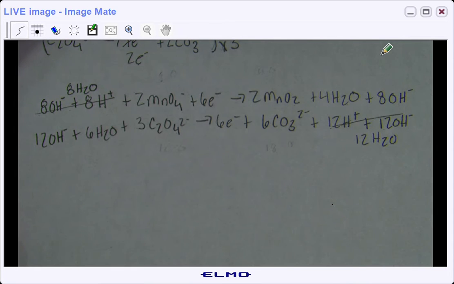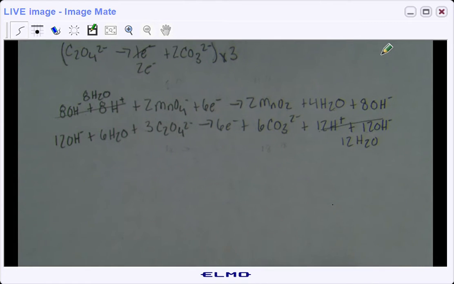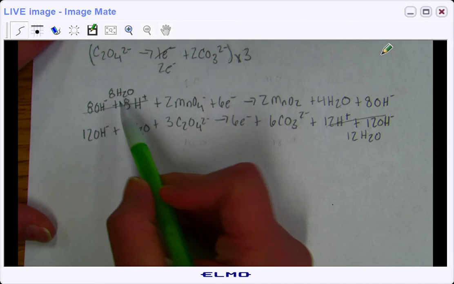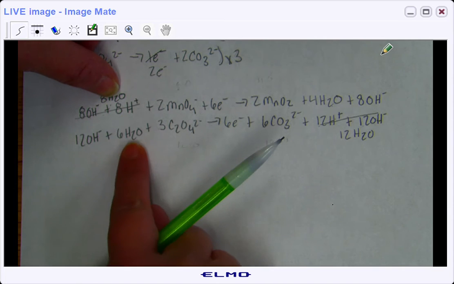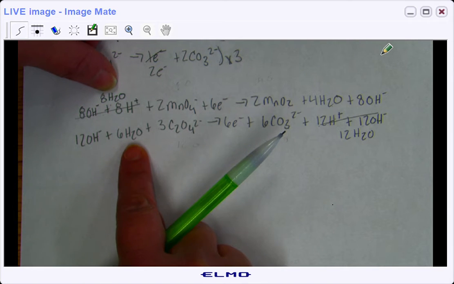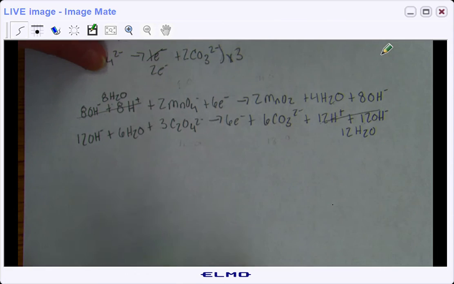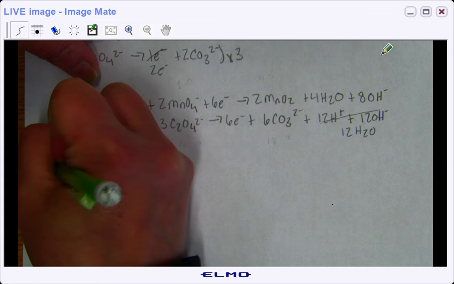Now we are going to go through and combine everything into one nice, complete ionic equation. I have 8 waters plus an additional 6 waters. So 8 plus 6 is 14 total waters on the reactant side.